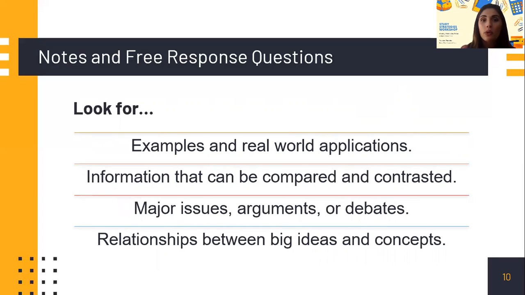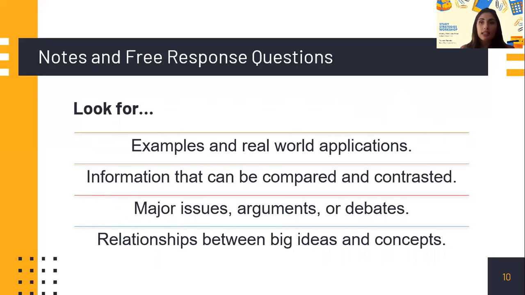You also want to look for examples and real-world applications. So, if there's an example of something, say, a method or theory and how that's applied in the real world, you might want to look at those examples, because an essay may ask you to provide examples or to elaborate on a real world application of that theory.